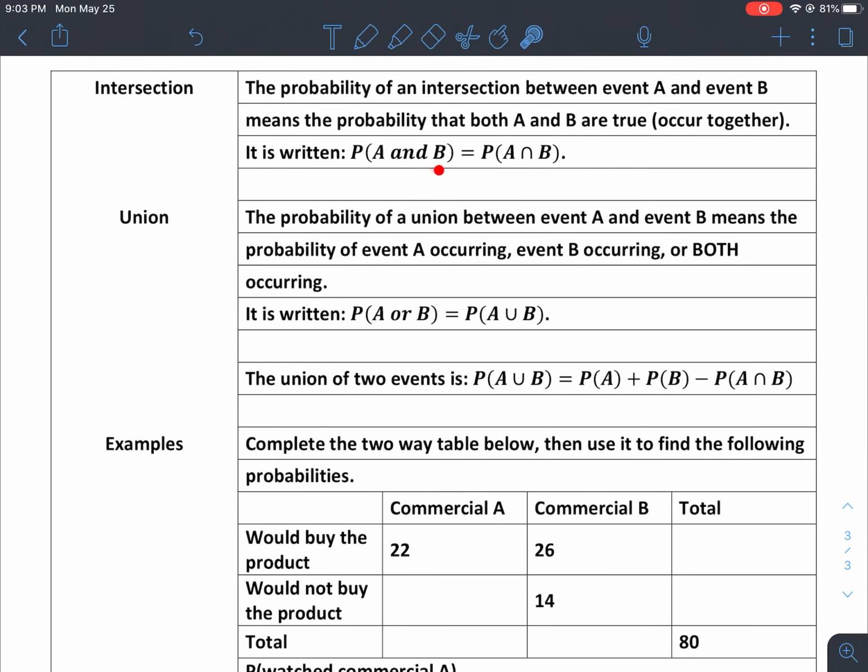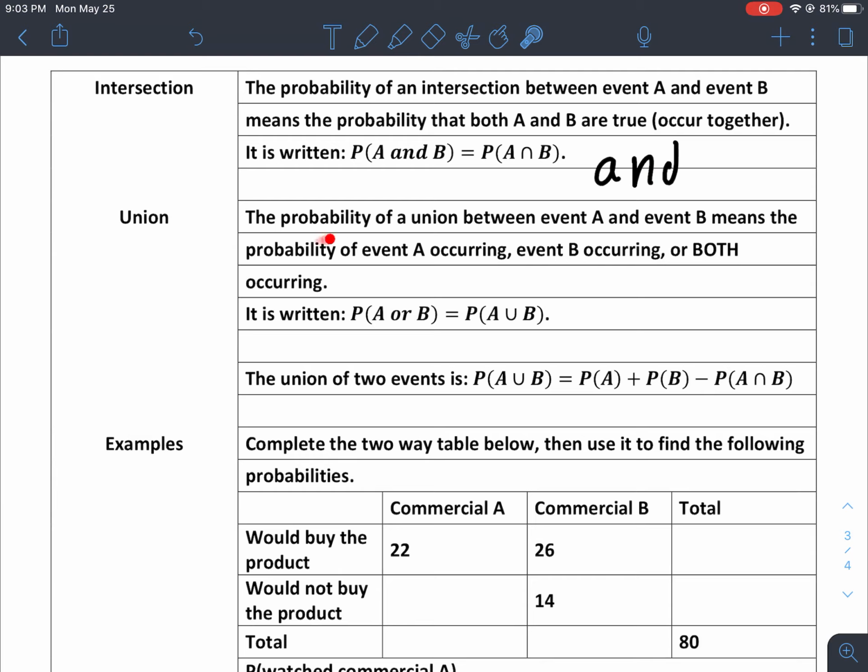And that is written either P of A and B, or a shortcut is this symbol. This symbol means and. How I remember that is that the symbol's kind of hiding in the N of and.